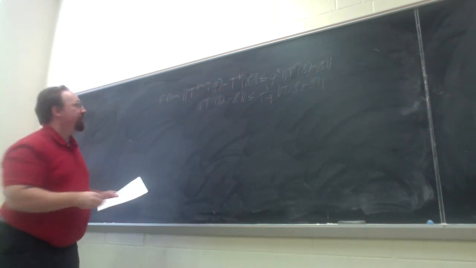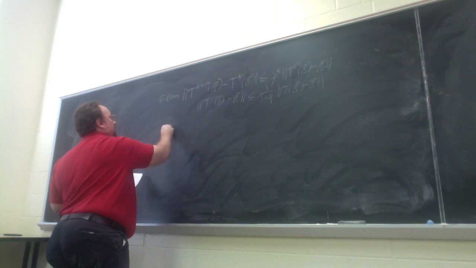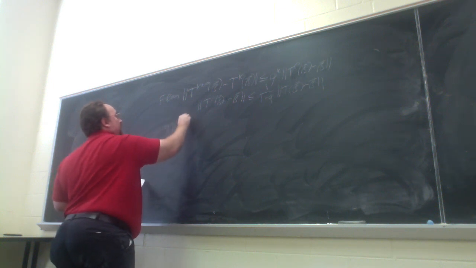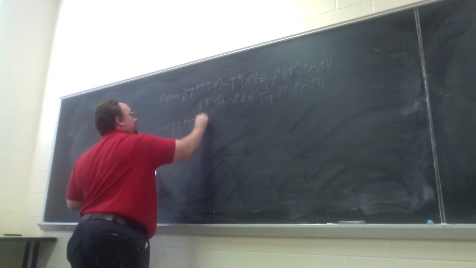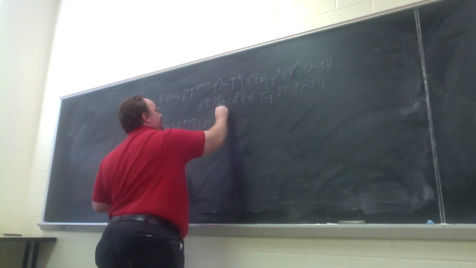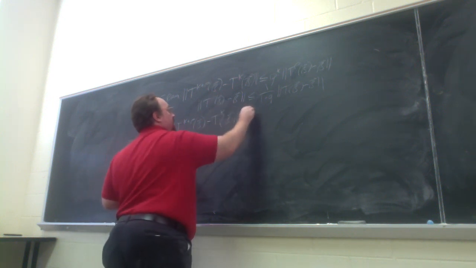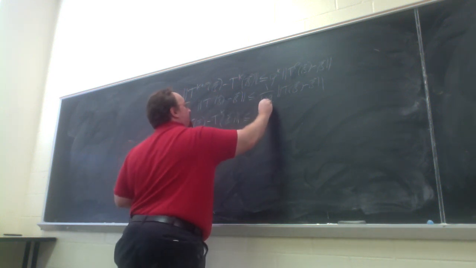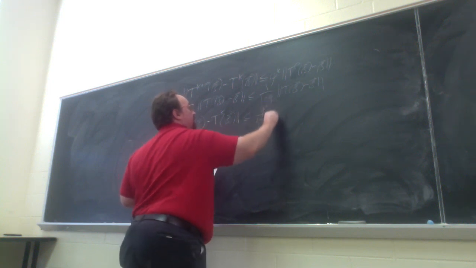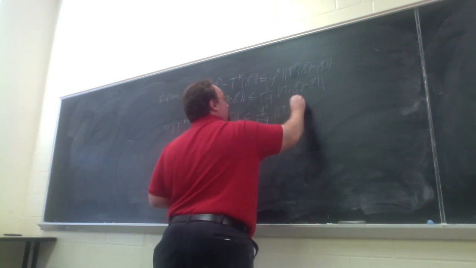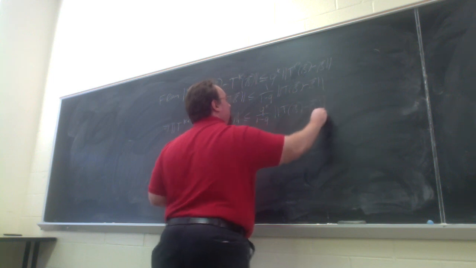Just putting the two together, I have t to the k plus p of beta minus t to the k of beta is less than or equal to q to the k over 1 minus q times t of beta minus beta. Okay.